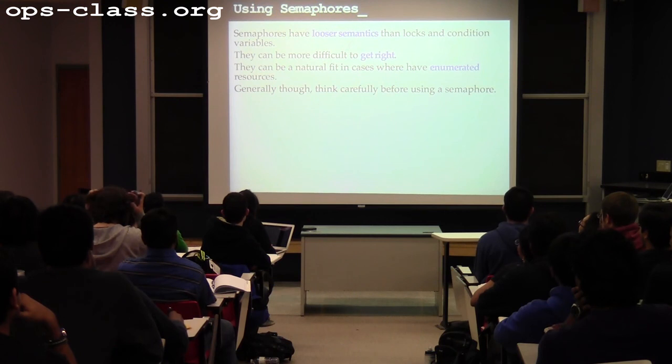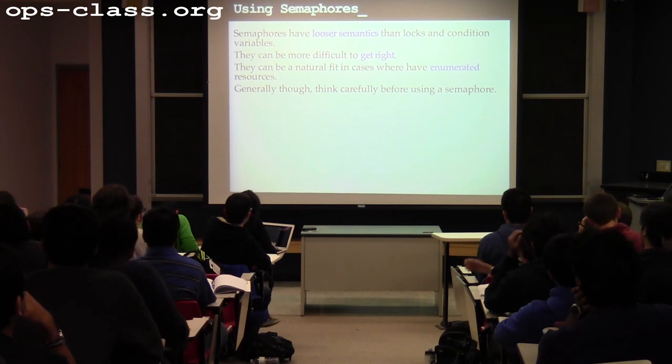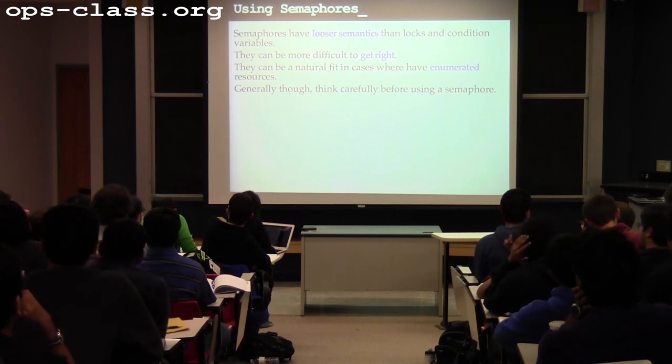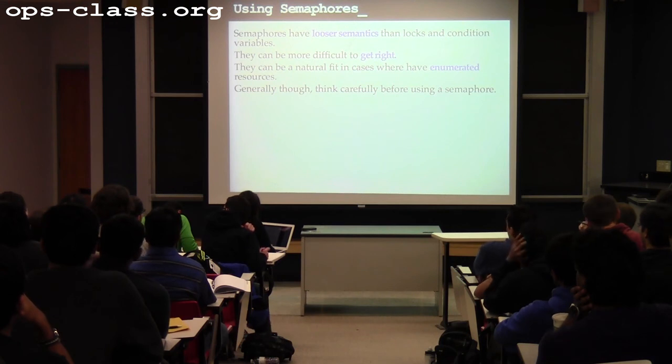One of the reasons that we give you semaphores is that semaphores are not super useful. In fact, you can write all of the rest of the code for this class and never use a semaphore.